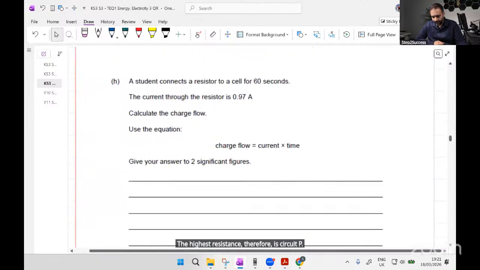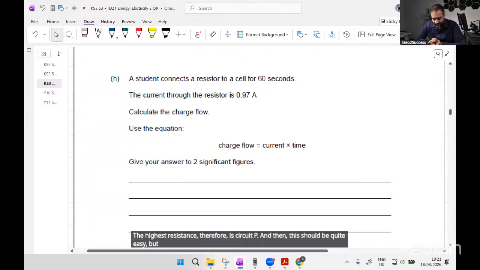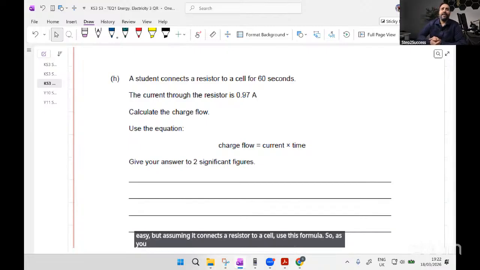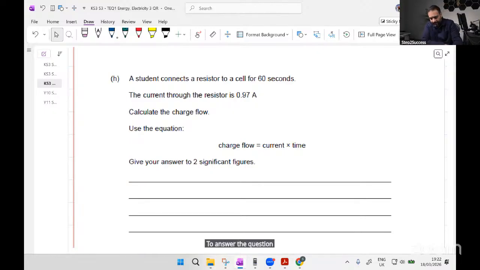And then this should be quite easy, but a student connects a resistor to a cell, use this formula. So as you will find if you stay around for later when I do stuff with year 10 and year 11, when you see these equations questions, you don't really have to understand what is happening. You just need to make sure your maths is good enough to answer the question. So when it says calculate the charge flow, it tells you how to calculate charge flow.